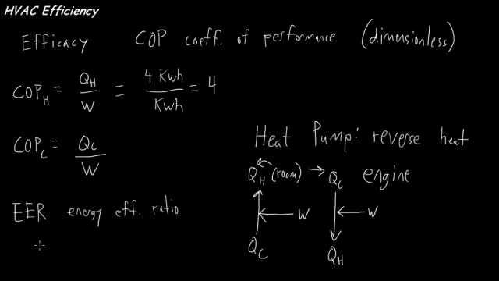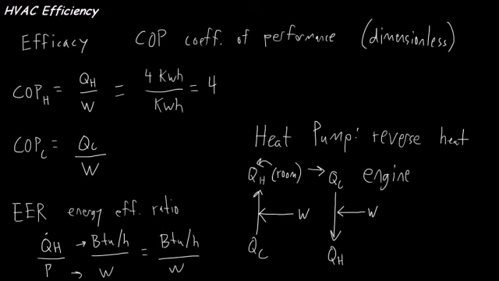In this case, I measure the power dumped into the room, so it's Q dot H, divided by the power input to the compressor, which is P. Q dot H is measured in BTUs per hour, like a thermal power unit, and P is measured in watts. If I divide those, I get BTUs per hour per watt. That's my unit. So EER is measured in units of BTUs per hour per watt.